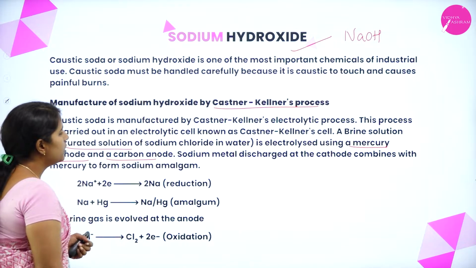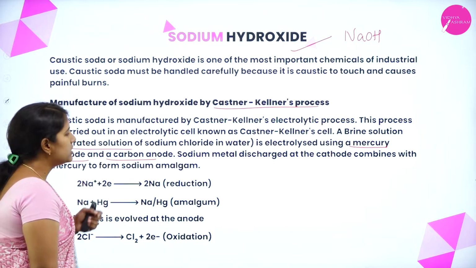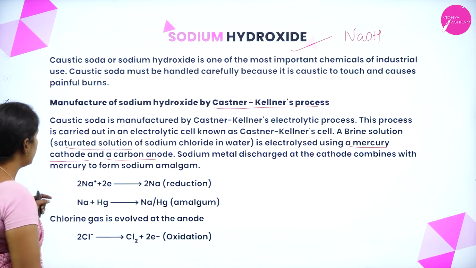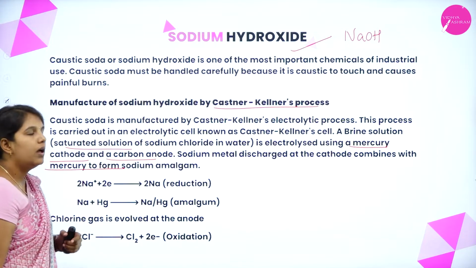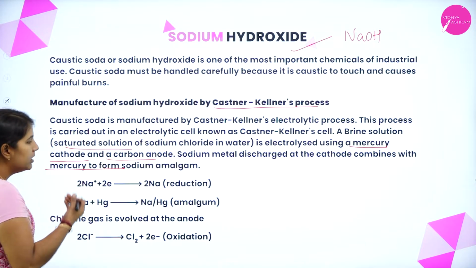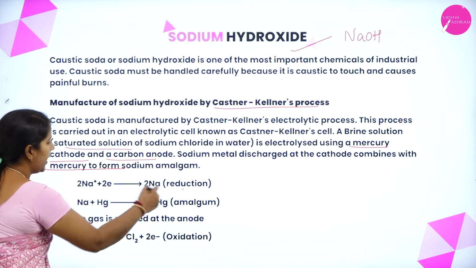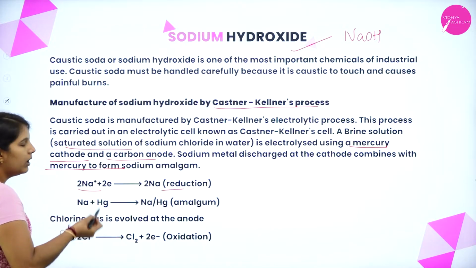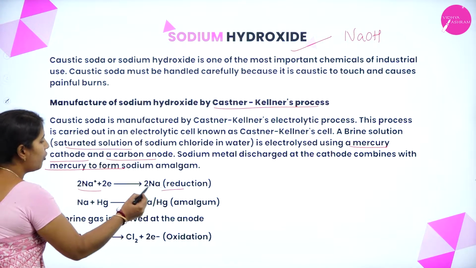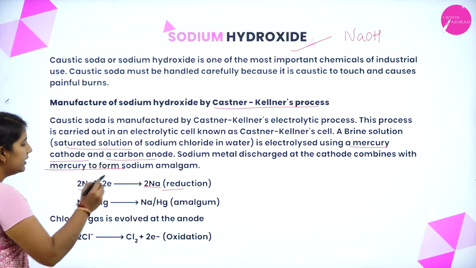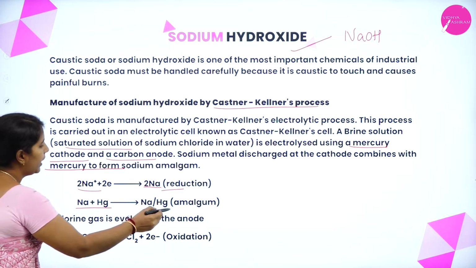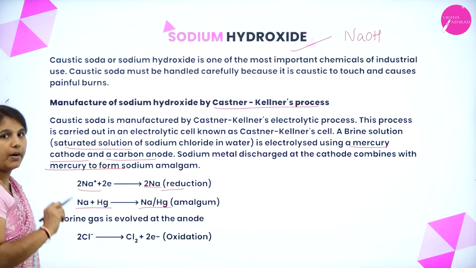When you apply the electrical field, the sodium metal discharges at the cathode and combines with the mercury to form a sodium amalgam. So let's see the reaction now. Reduction occurs where sodium receives electrons to form Na, and later the sodium atom combines with the mercury and forms a sodium amalgam.